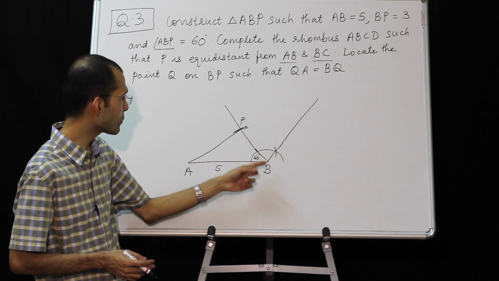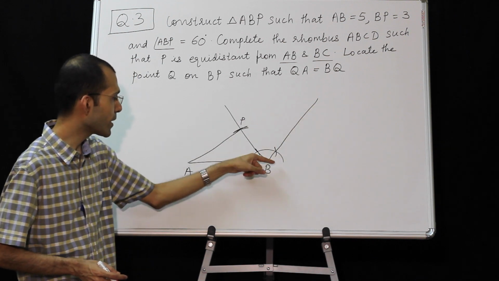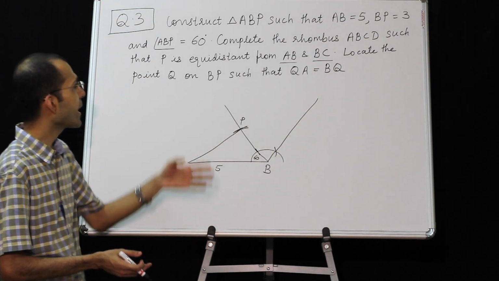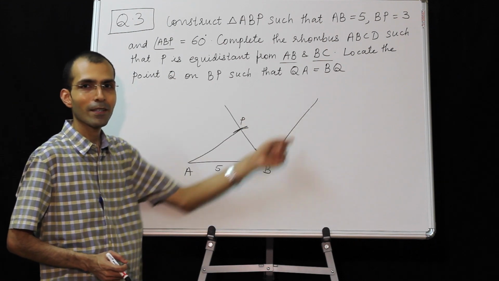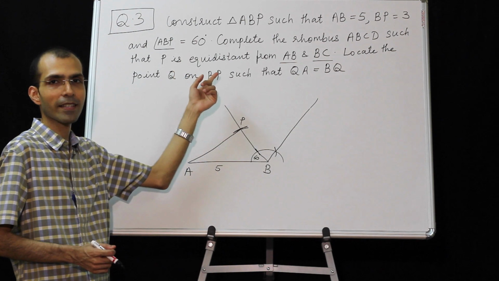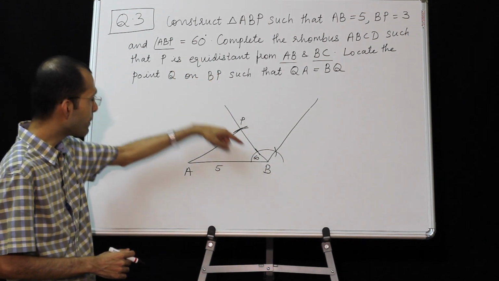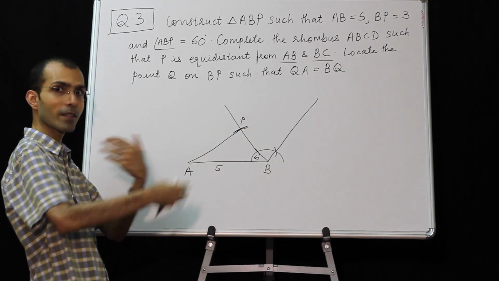This P has to lie on the angle bisector. So if I draw this line at 120 degrees, then BP acts as the angle bisector, and P is equidistant from AB and BC. So to make BP the angle bisector, we had to draw a 120 degree angle. No? Reverse logic now.